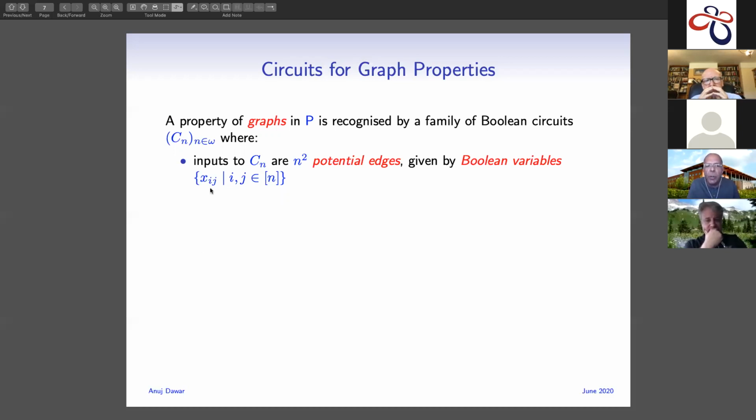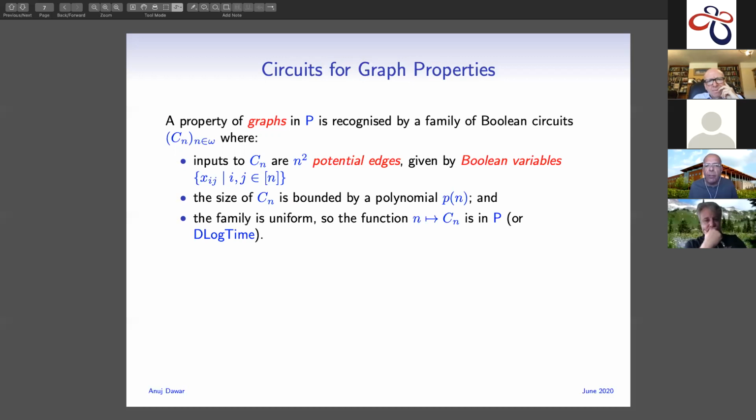We think of each of those as a Boolean variable xij, which will be 0 if there's no edge from i to j, 1 if there is an edge from i to j. We're still interested in polynomial size circuits. And if we want to have a uniformity, then we also say that the function that takes n to the circuit of size n is computable in polynomial time. But if we're not interested in uniformity, we can drop this last condition.